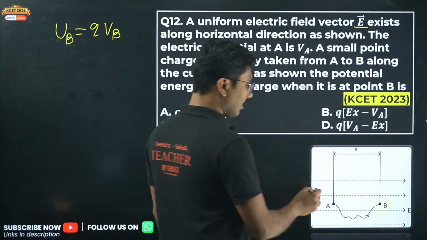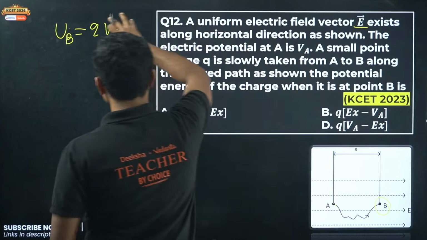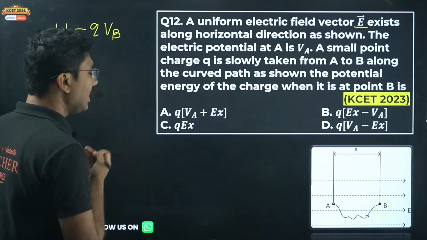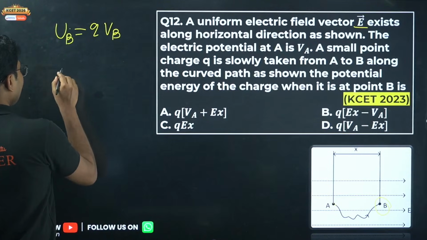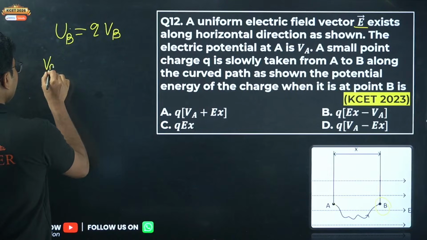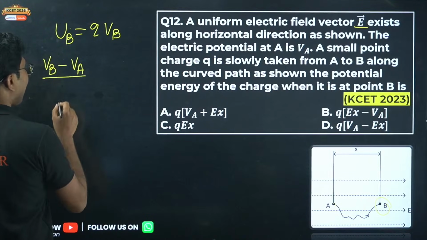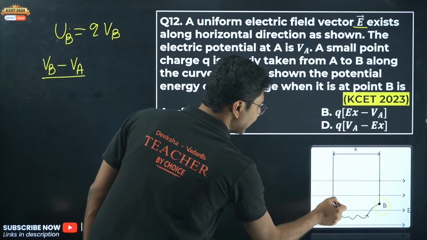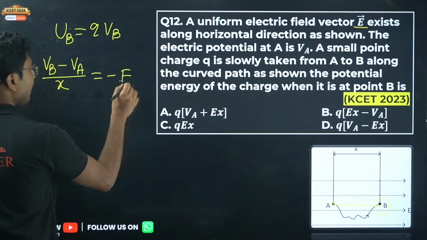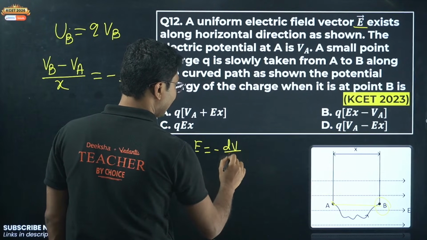So electric potential at A is VA, electric potential VB we do not know, we are assuming VB, electric field is given E, and distance between them is X. Okay, so we know that difference in potential, VB minus VA, final minus initial, divided by the direct straight distance between the points, equals minus E. So E equals minus dV by dx or del V by del x.